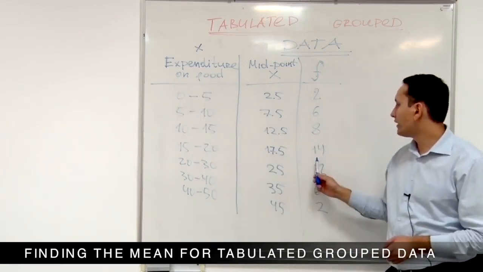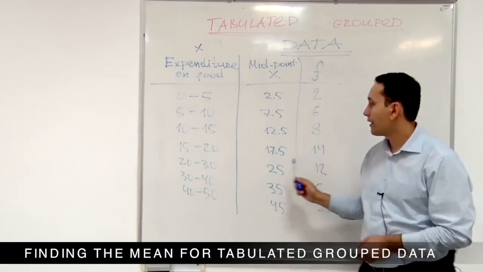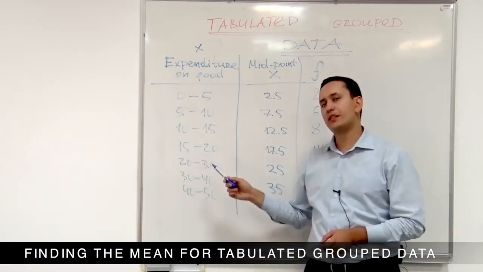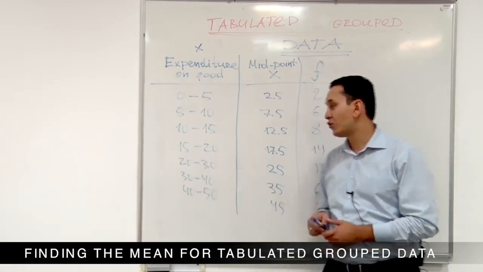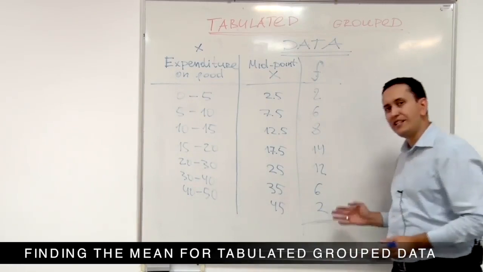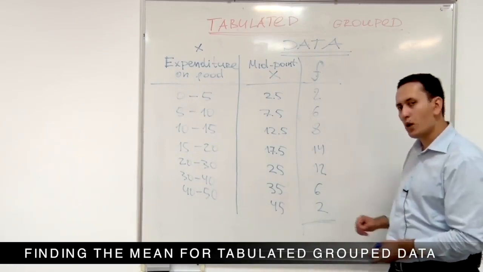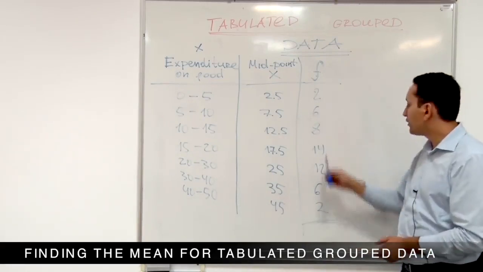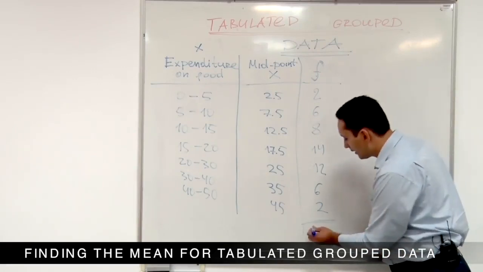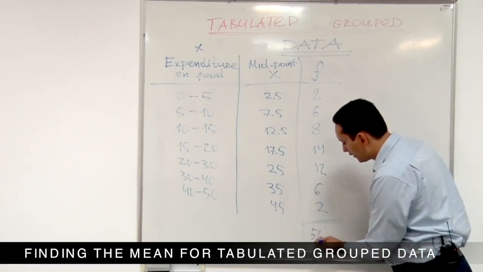And there were 14 people who responded that their food expenditure is between 15 and 20, and so on. In total, there were 50 respondents. If we add up these numbers, we're going to get 50 here.